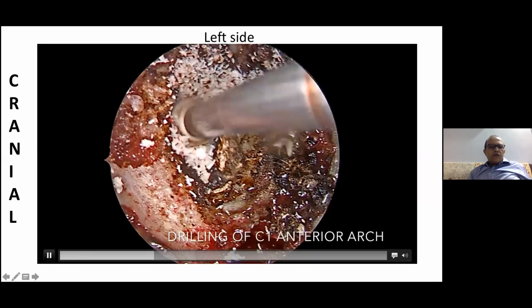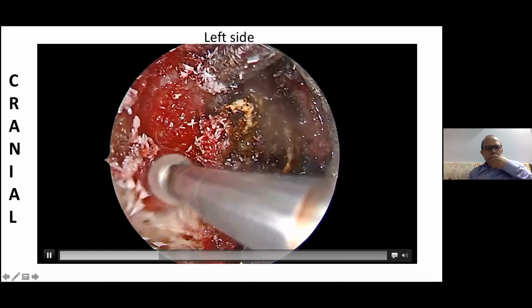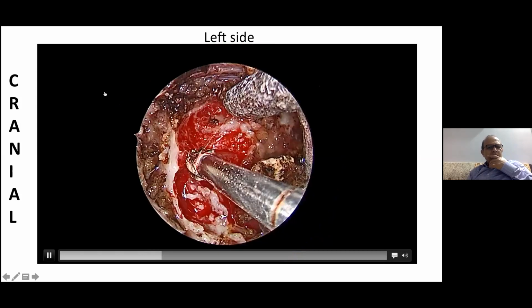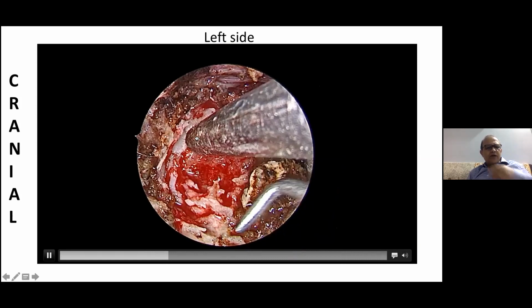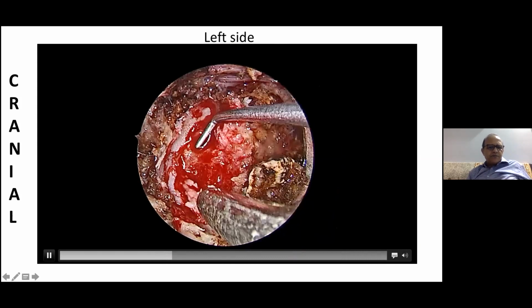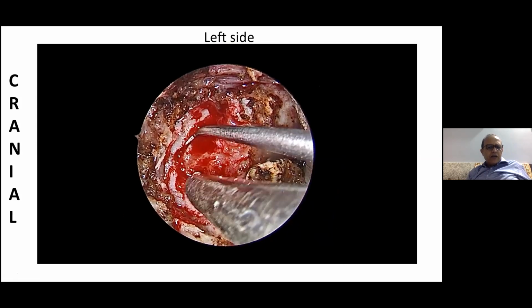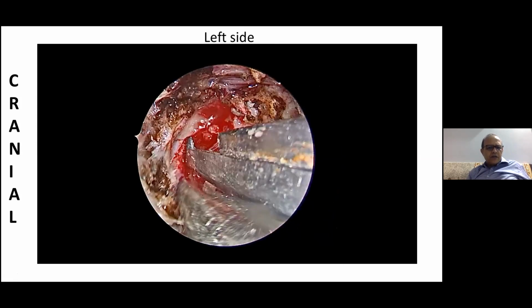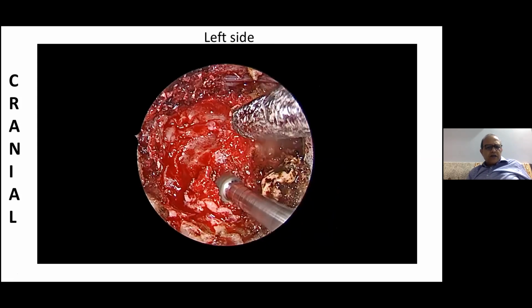After that, you drill. It was not reduced, so we drill only part of the C1 anterior arch till you can find the upper edge of the odontoid tip. I could realize that the odontoid tip had almost come to the superior margin.